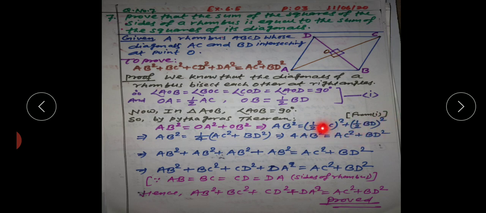So 1 by 4 is common in both the terms. This implies that AB square will be equal to 1 by 4 common, and AC square will be left here and BD square will be left in the second term.